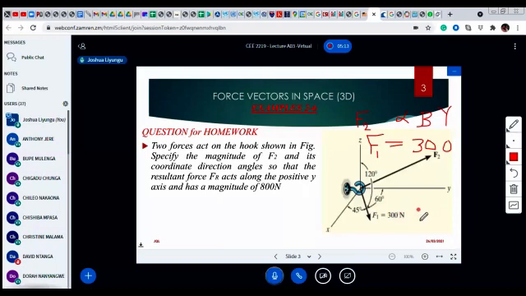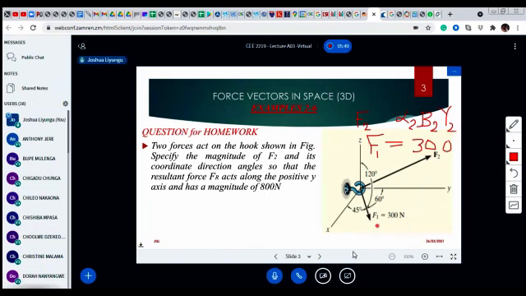Since the angles that we are looking for are angles for force 2, I'll name them alpha 2, beta 2, and gamma 2.